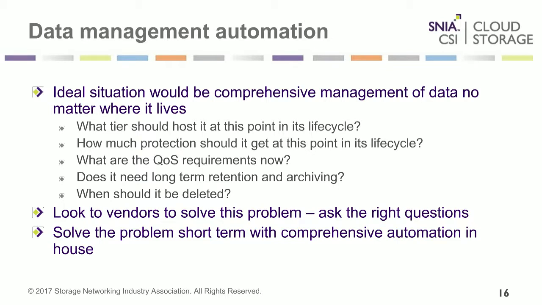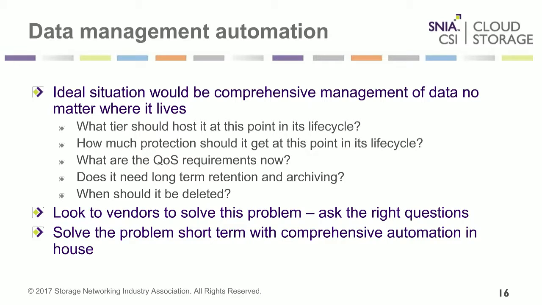So what would be the ideal situation for these hybrid cloud customers, right? They would like to be able to comprehensively manage the data no matter where it is at this particular point in time, right? What tier should be hosting it? Should it be a local tier? Should it be a cloud tier? How much protection should it get at this point in its life cycle?